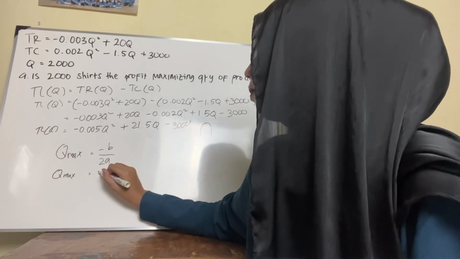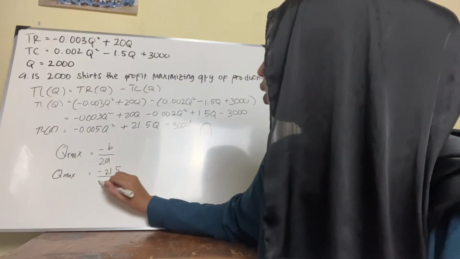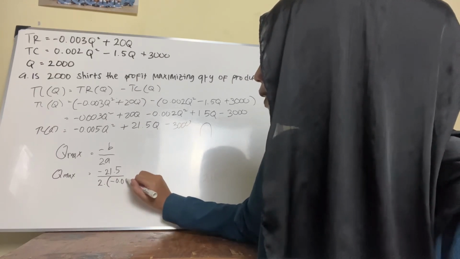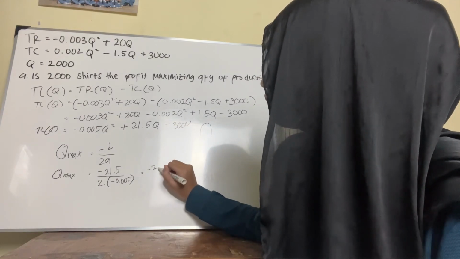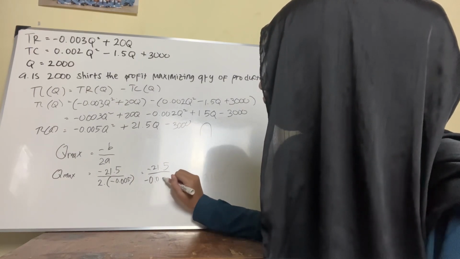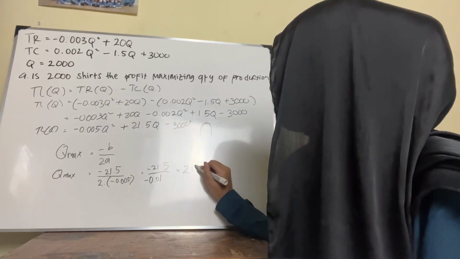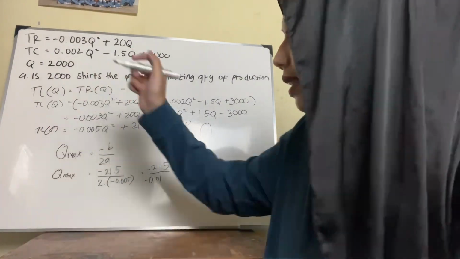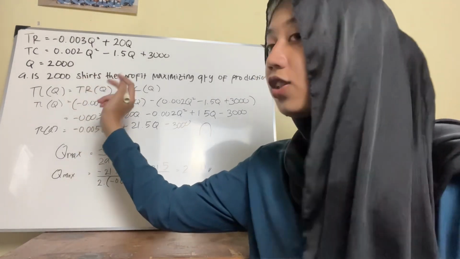So it's minus 21.5 over 2 times minus 0.005, which is minus 21.5 over minus 0.01, so it's 2,150. So the quantity that maximizes the profit is 2,150, not 2,000 shirts.